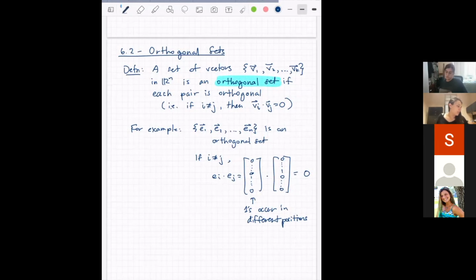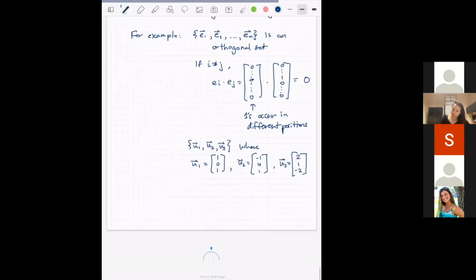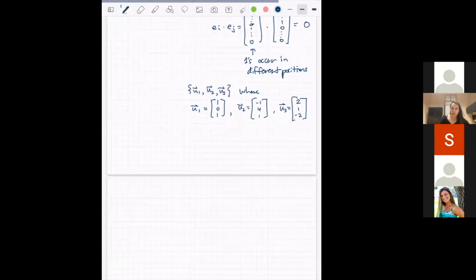And then we could see the following. If we have the collection u1, u2, and u3, where u1 is (1, 0, 1), u2 is (-1, 4, 1), and u3 is (2, 1, -2), I claim that this is also an orthogonal set.